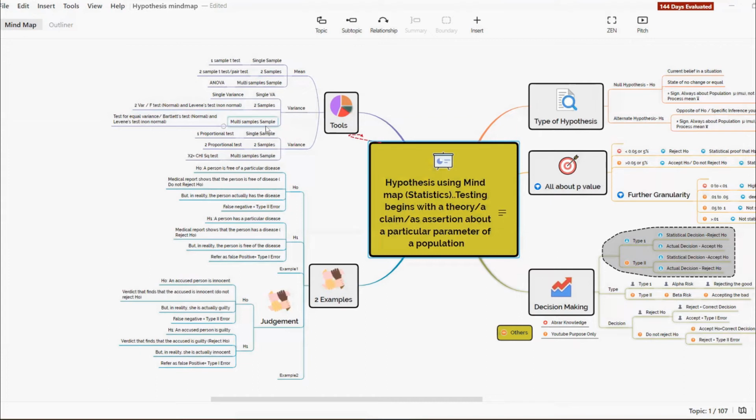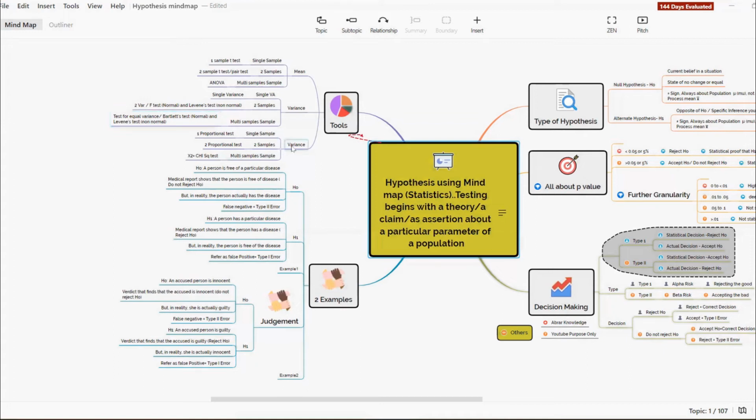So when you say multi-sample test, you can do a test for equal variances, or a Bartlett test. If it is non-normal data, with a p-value less than 5%, then you can also do a Levene test. So which test depends upon the value you got in the normality test.